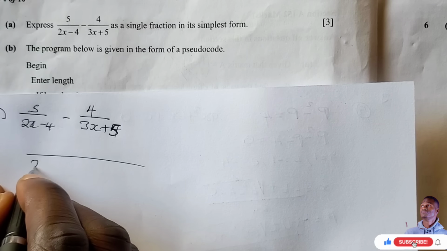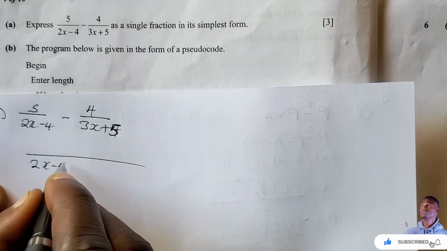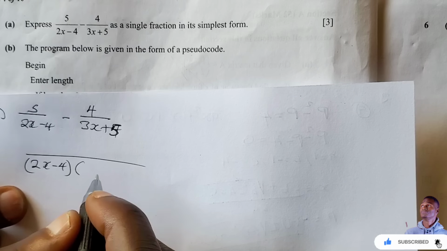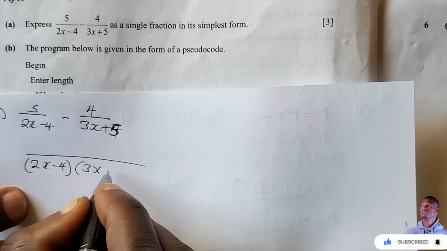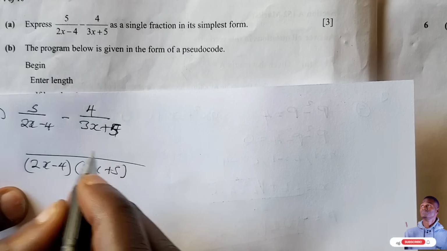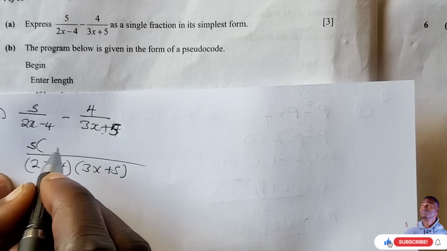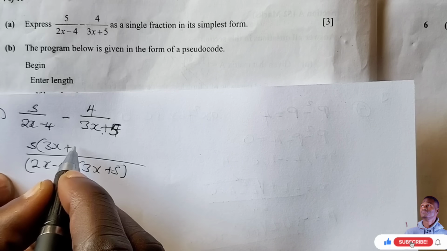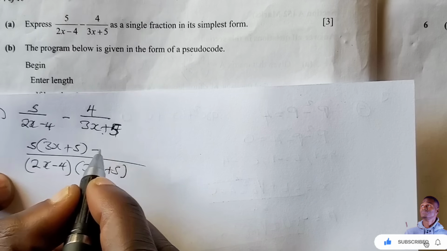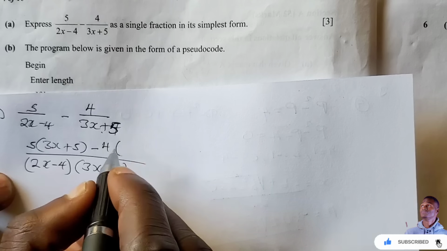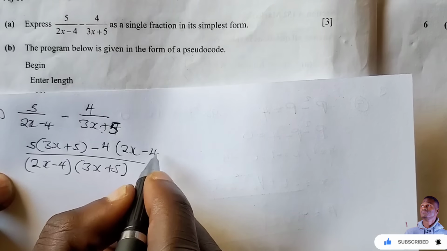So here we're going to say 2x minus 4. You just multiply it, and to show that you're multiplying, add brackets, like this. Then this 5 will be multiplied by this. It will be 5 open bracket 3x plus 5 minus 4 open bracket 2x minus 4.